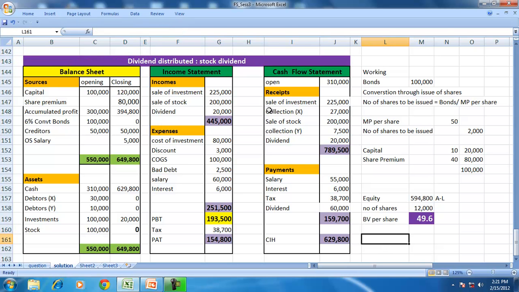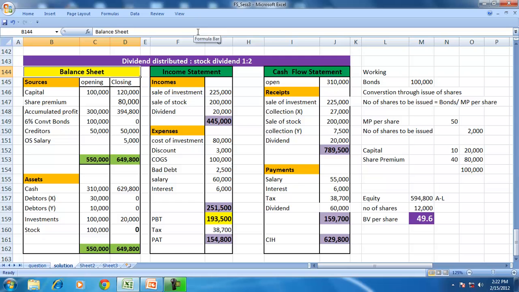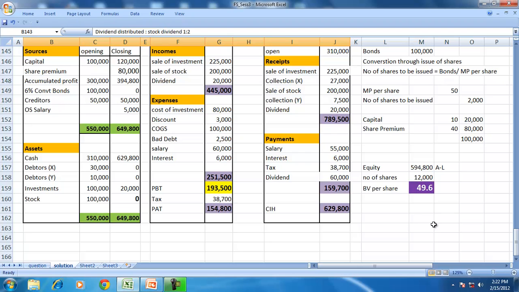The stock dividend is in the ratio of 1 is to 2, that means 1 share for every 2 shares you are holding. At present there are 12,000 shares, so 6,000 shares are given.